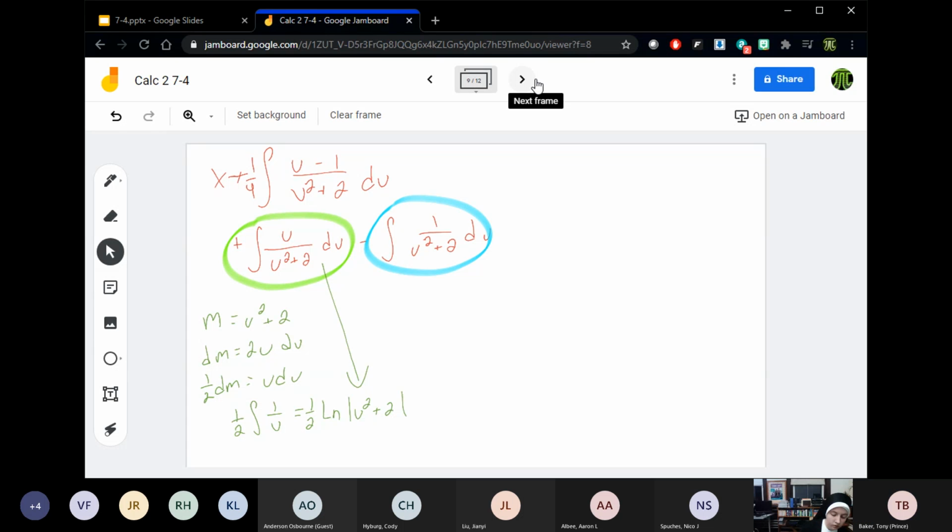So that piece over there, I needed, it was 1 over a tangent negative 1 of x over a. So in this case, that integral is going to be 1 over the square root of 2 tangent negative 1 of u over the square root of 2 for that integration.